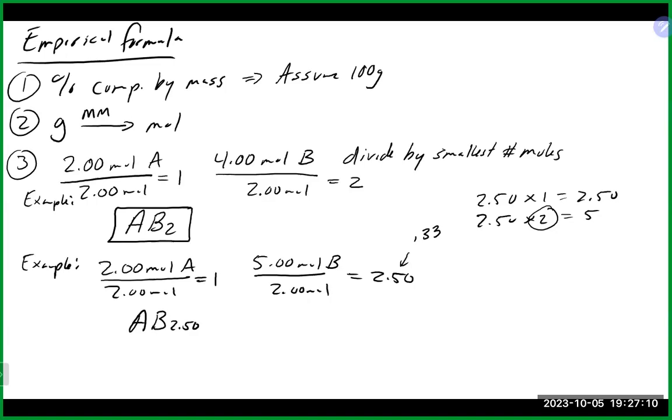And we want to make sure we multiply everybody by that 2, not just the one that's the decimal in this case. So we would multiply this by that factor, and we would end up with A2B5, and that would be the proper empirical formula. So very common, you'll get these sort of endings that are really too far to round. So you got to find this common number to multiply by to get it to a whole number.